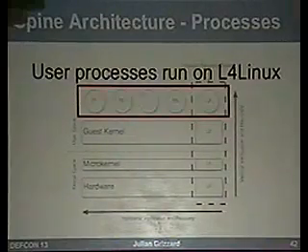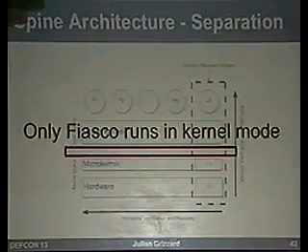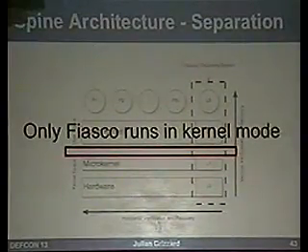You don't even have to modify them. Only Fiasco runs in kernel mode. So only Fiasco runs in ring 0, and everything else runs in ring 3. That means even if you have root access on the guest kernel machine, you're not guaranteed access to all bits in the computer system.